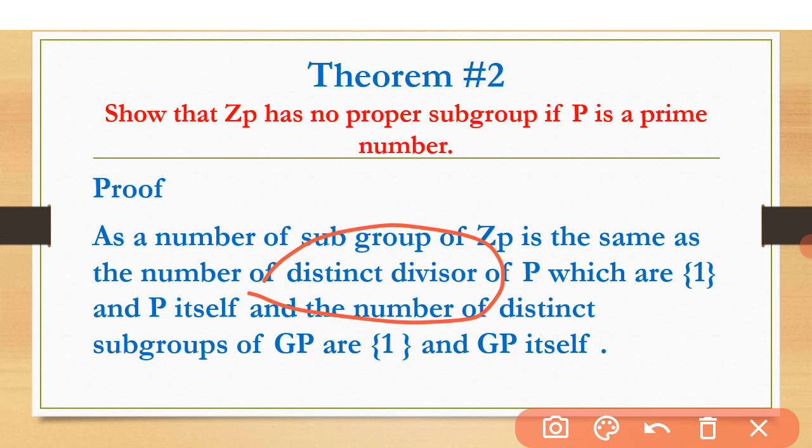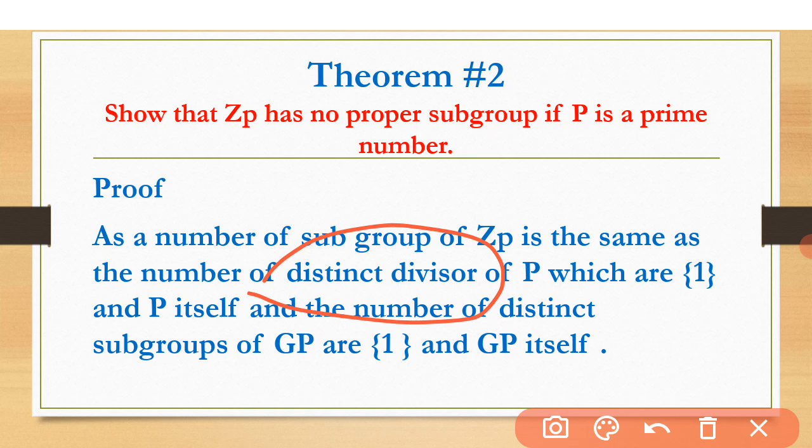For example, if a group contains 4 elements, then its distinct divisors are 1, 2, and 4 itself.